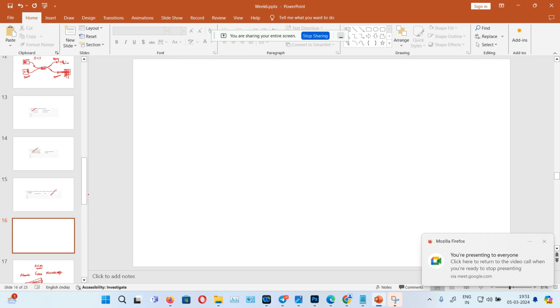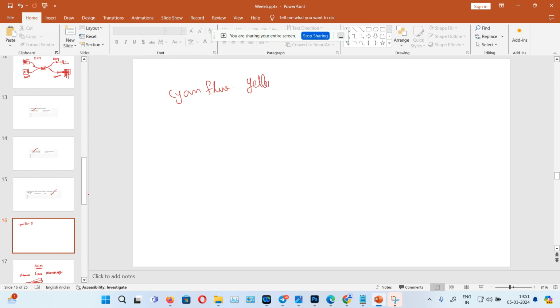There are different methods. In that example, there is a cyan fluorescent protein and another, I think yellow fluorescent protein.